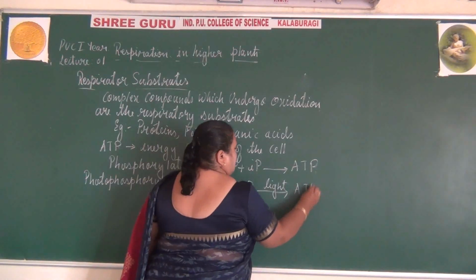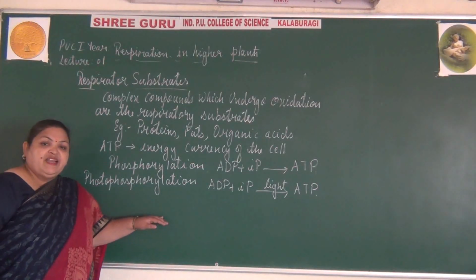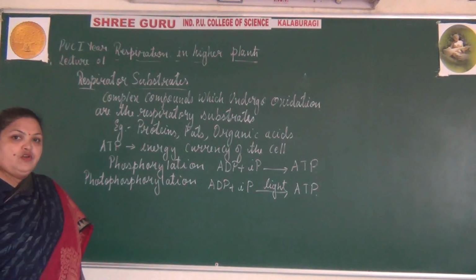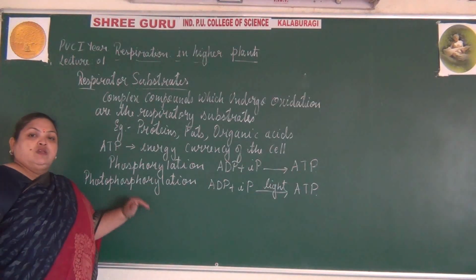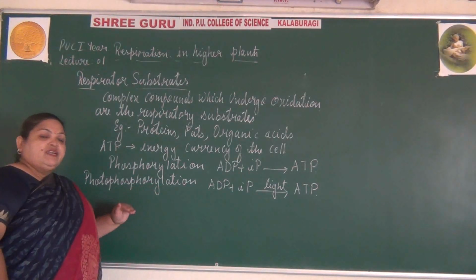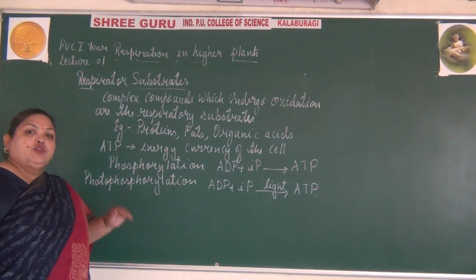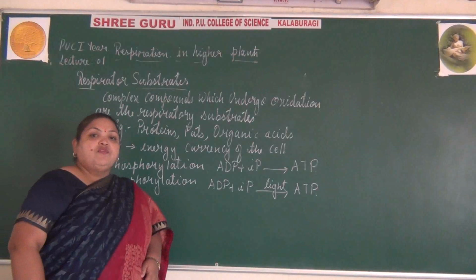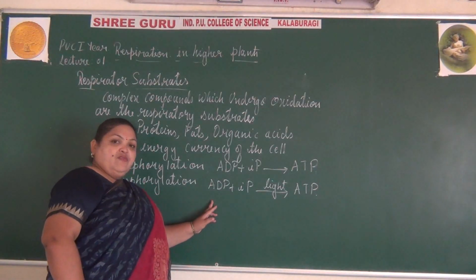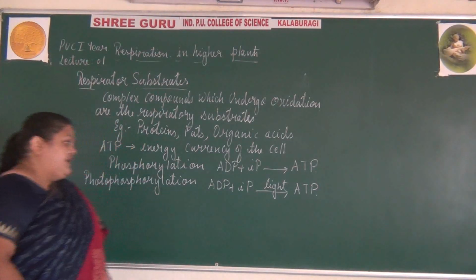We have studied this in cyclic and non-cyclic photophosphorylation in the topic of photosynthesis, where light is used for the synthesis of ATP, and in the presence of light, adenosine diphosphate combines with inorganic phosphate to form ATP.